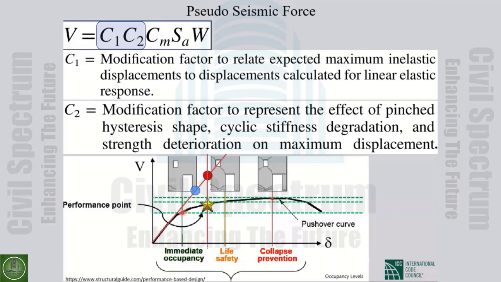If you want to measure, are we at this point? Are we at this point? Are we at this point? It is difficult to measure from the vertical axis because they are almost at the same point. When the element gets yielded and the stiffness is near zero, the force remains constant.